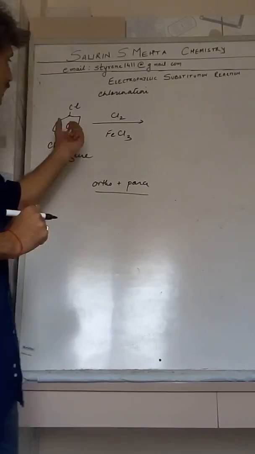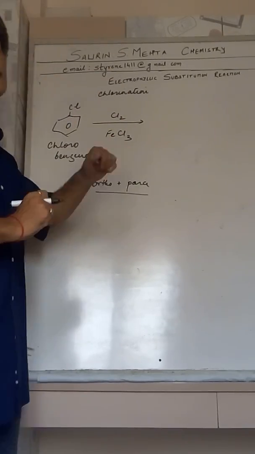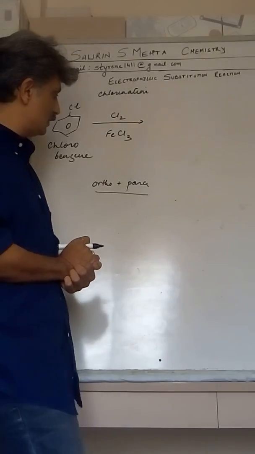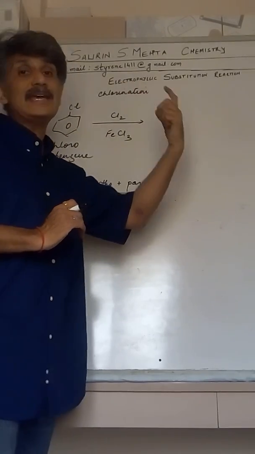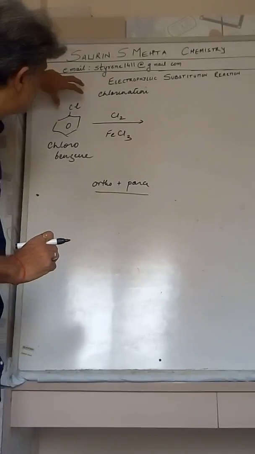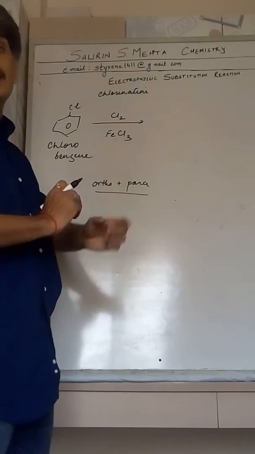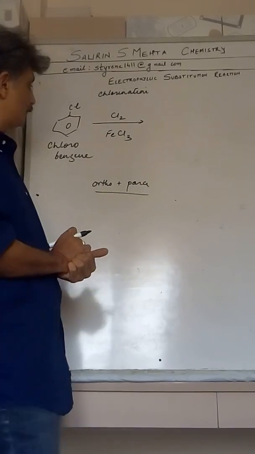Means it will simultaneously direct the incoming group on ortho as well as para positions. Earlier, you know, NO2 plus and SO3H plus, they were meta directing groups. So I would simply say that this Cl is an ortho para directing group. The reason I have already given you.